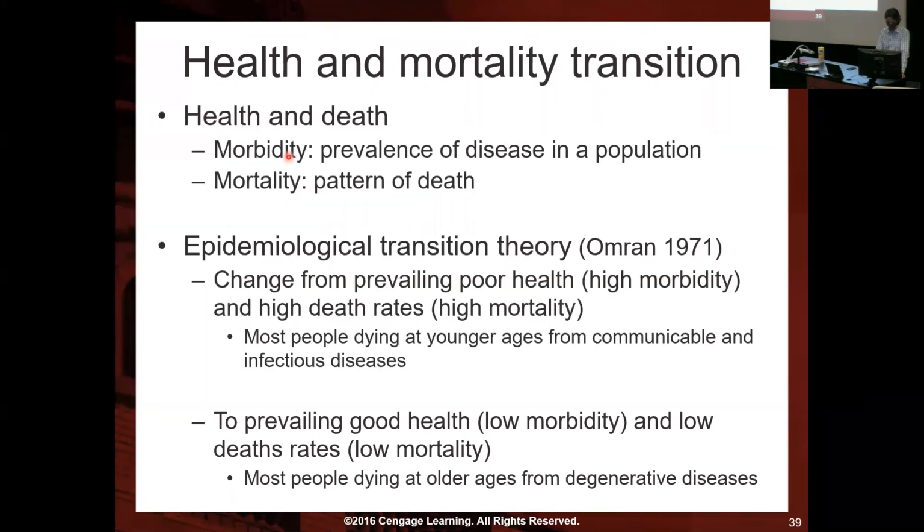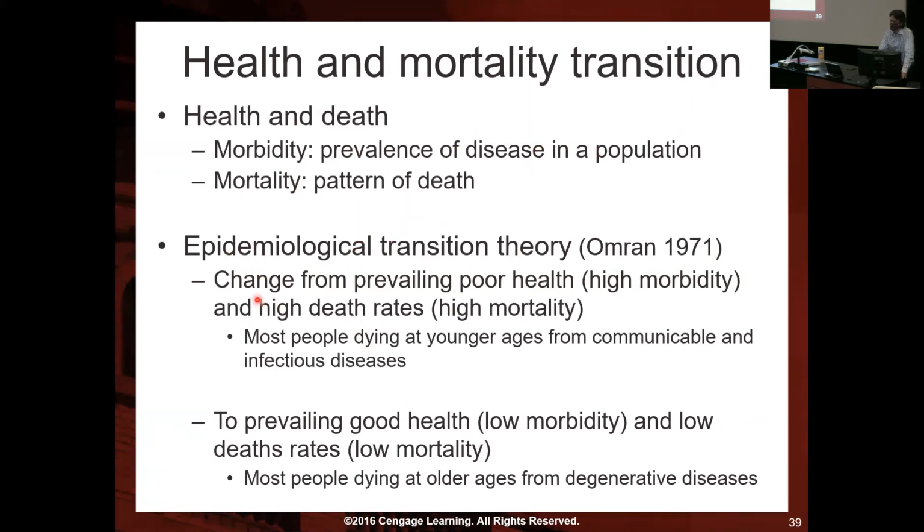And the epidemiological transition theory proposed by Omran back in the 70s tries to, in the same way that the demographic transition theory tries to explain these overall changes in demographic trends, explain the overall changes in the prevalence of diseases in the population.